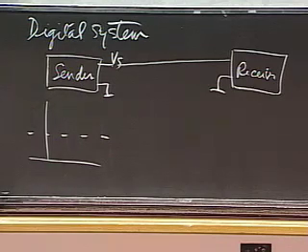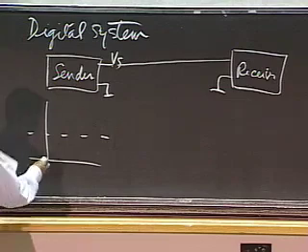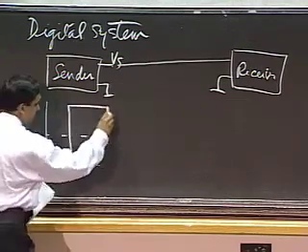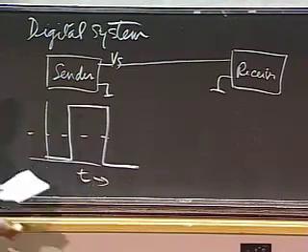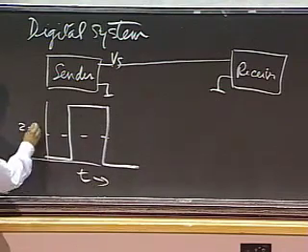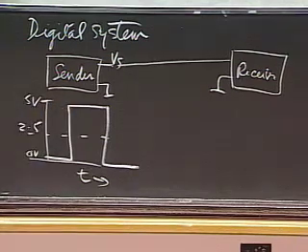In the digital system, the way I would send a digital signal is all I can use is ones and zeros. So let's say the sender sends something like this. The sender wants to send a value. This is my time axis, and this is 2.5 volts, this is 0 volts, and this is 5 volts.